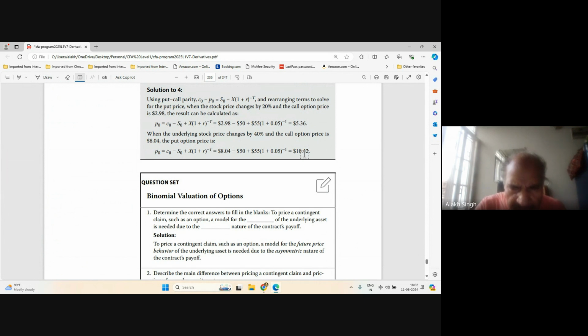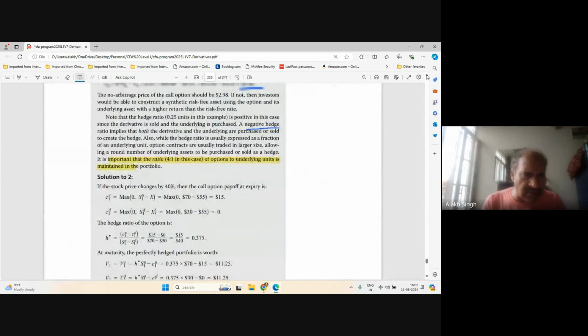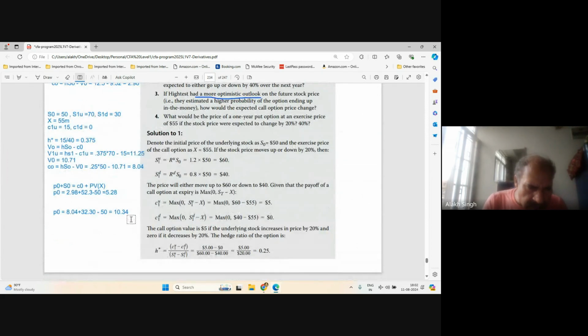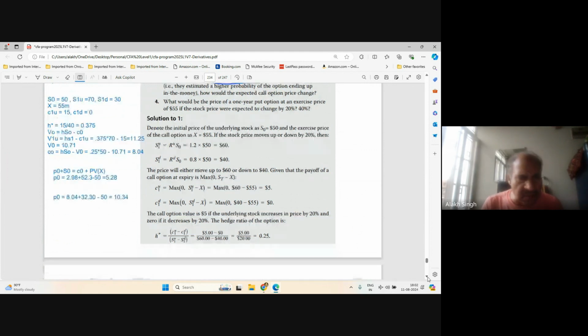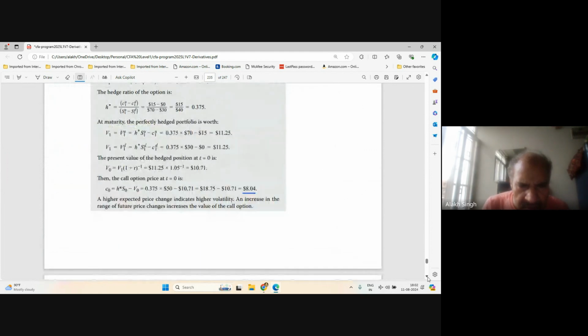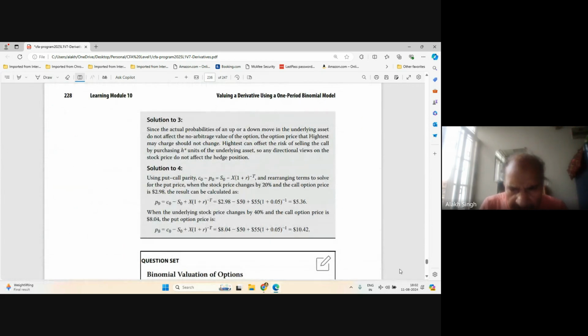The book has 5.36 and 10.42. Okay, that is just the discounting thing. So we calculated 5.28 and 10.34, and the book is calculating 5.36, so 8 cents.